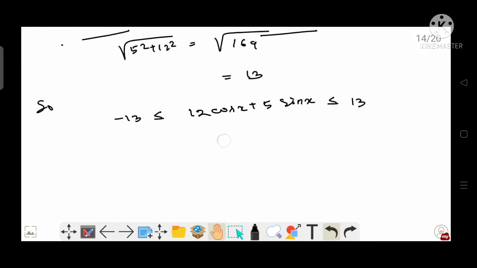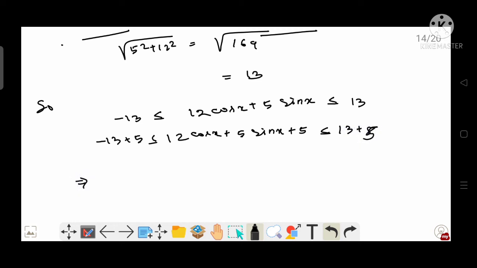Again given plus 5 is there, so minus 13 plus 5 less than or equal to 12 cos x plus 5 sin x plus 5 less than or equal to 13 plus 5.